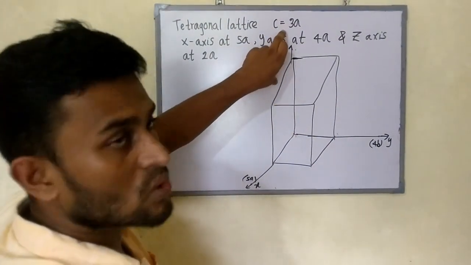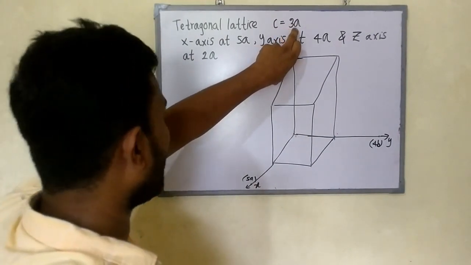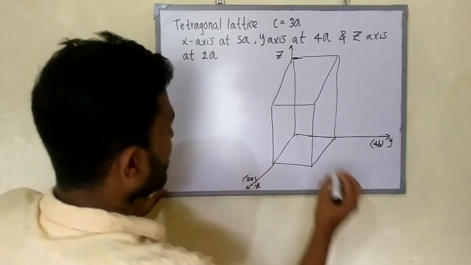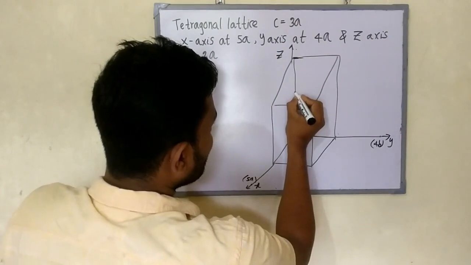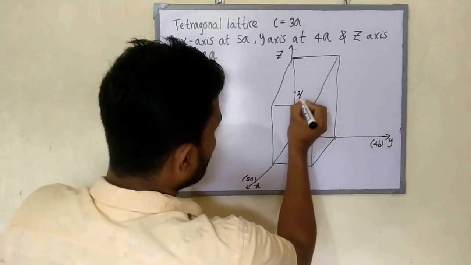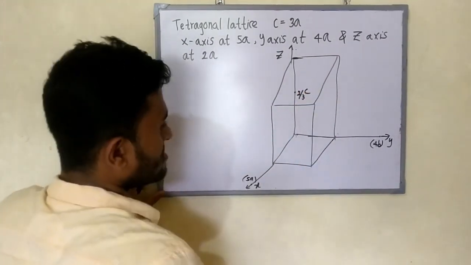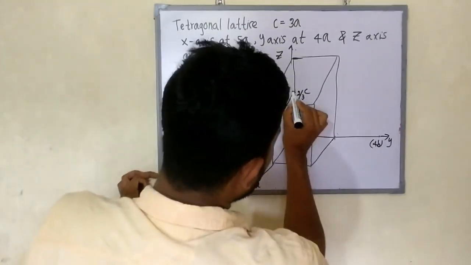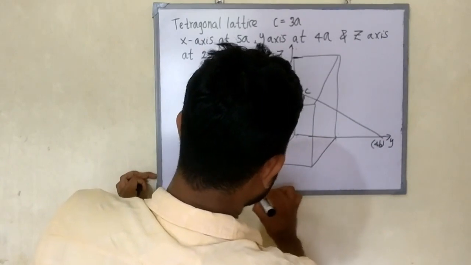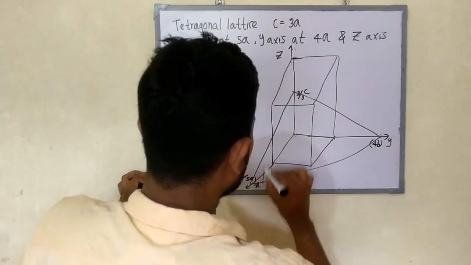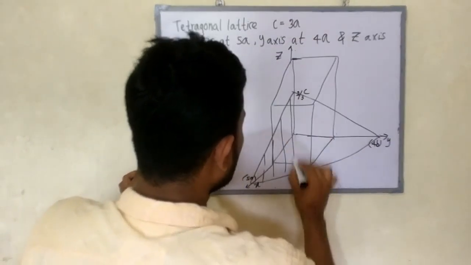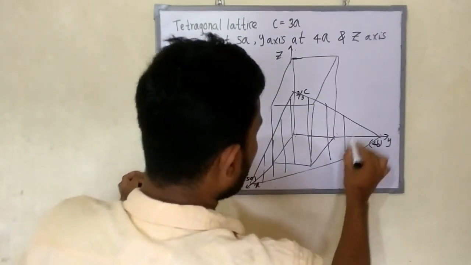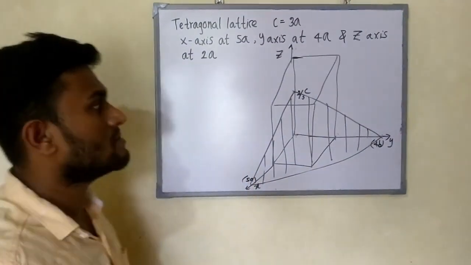From this you know C equals 3A, and 2A means it will be here at 2 over 3 C. So your plane will be like this. So this is the plane we have drawn earlier.